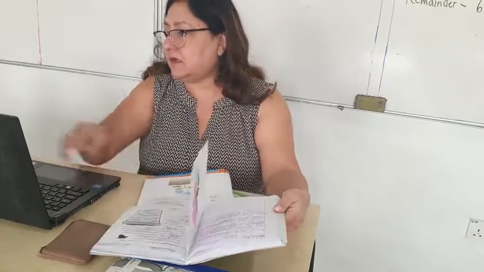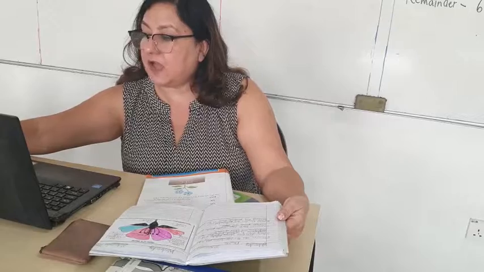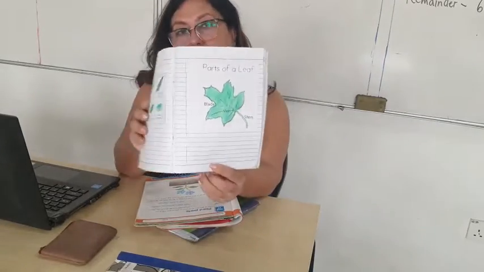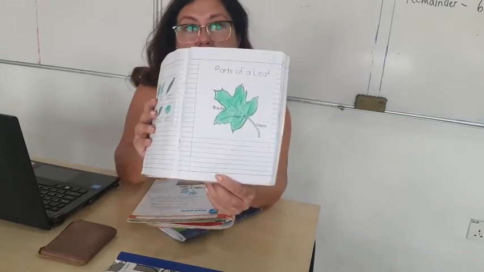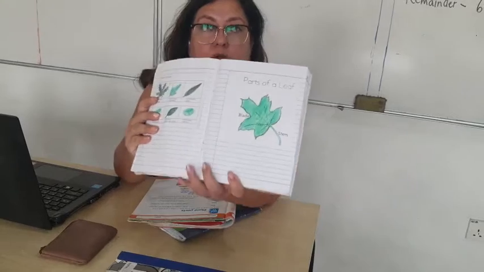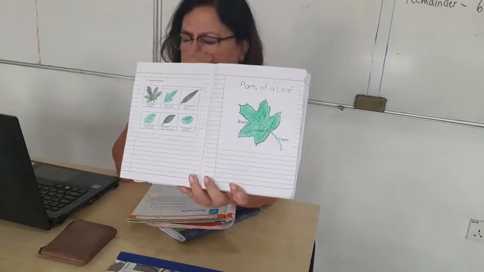The second part is the leaf. Now, name the parts of the leaf. You have this in your exercise book also. This is the term 1 exercise book because plants was done in term 1. I think this was in term 1.